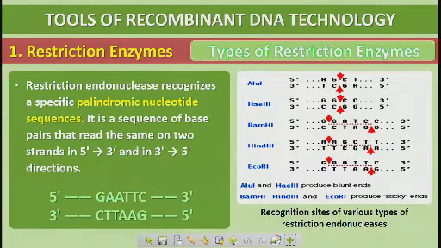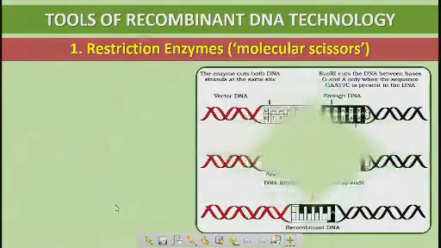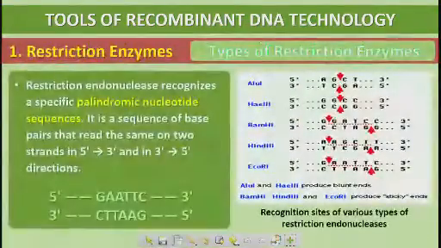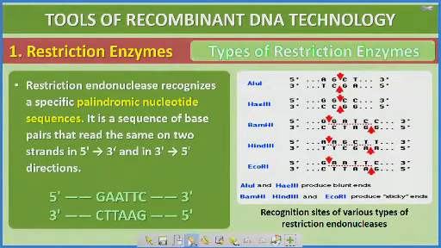When you read the base pair from 5' to 3', like GAATTC, from left to right direction, and when you read another strand of the DNA, the same nucleotide base pairs are present, that are GAATTC.